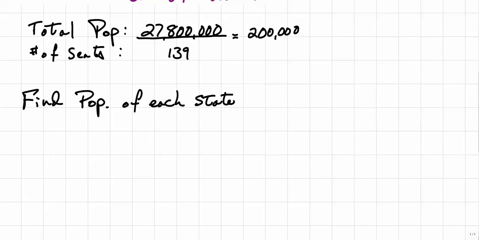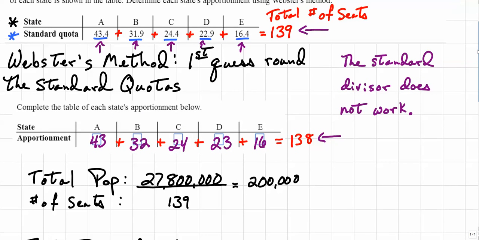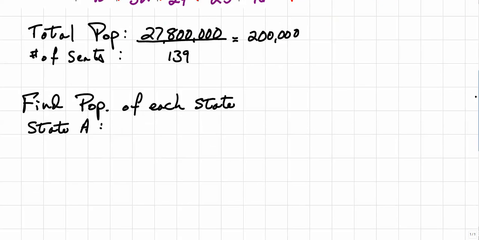So for our first state, state A, we'll take the standard quota, which we'll go back up and see is 43.4, and we will multiply that by the standard divisor of 200,000. Once we do that, we'll have our value.